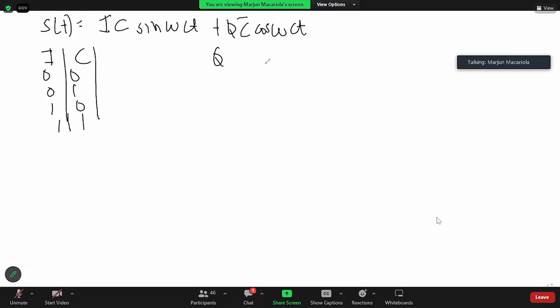So, that is QC not. Ang Q natin is 0. So, isinat lang natin yung C. So, that is 1. 0, 0. C not, 0. 1. C not. So, that is 1. Then, 1. C not, this is 0. Okay?